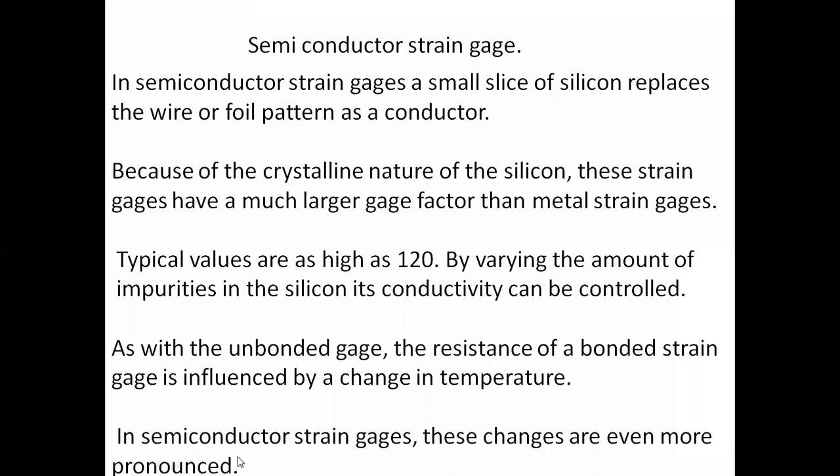Similarly, for semiconductors also, the resistance will change depending upon the temperature. When the temperature increases, the resistance of the semiconductor materials and conducting materials or metals will change. That's why we have to provide some temperature compensation devices. We have to provide some temperature compensation.